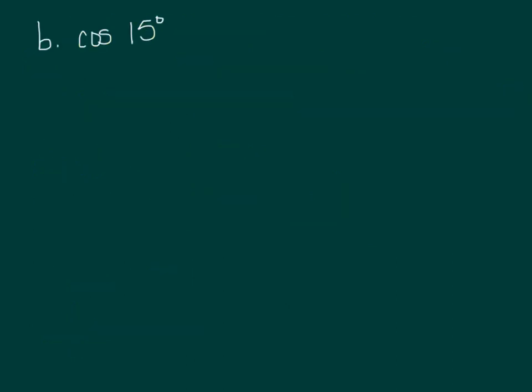Now, what if they only give us one value and not two? They want us to find the exact value for cosine of 15. Well, what you do is you try to figure out some reference angles that will help you add or subtract to get to 15.